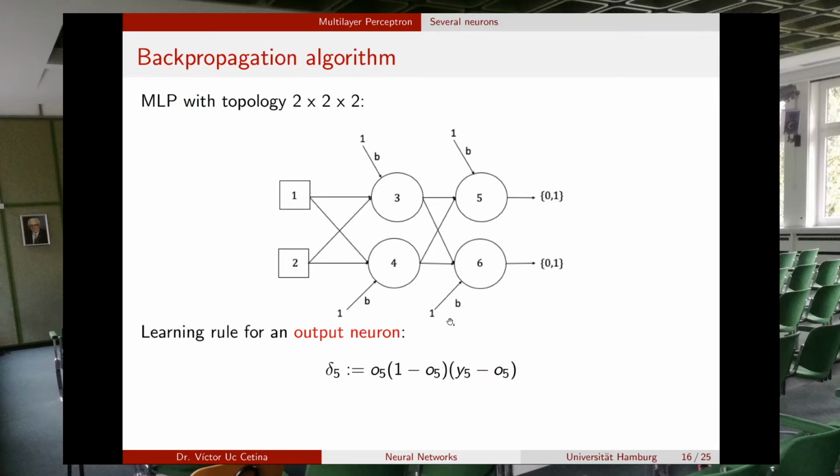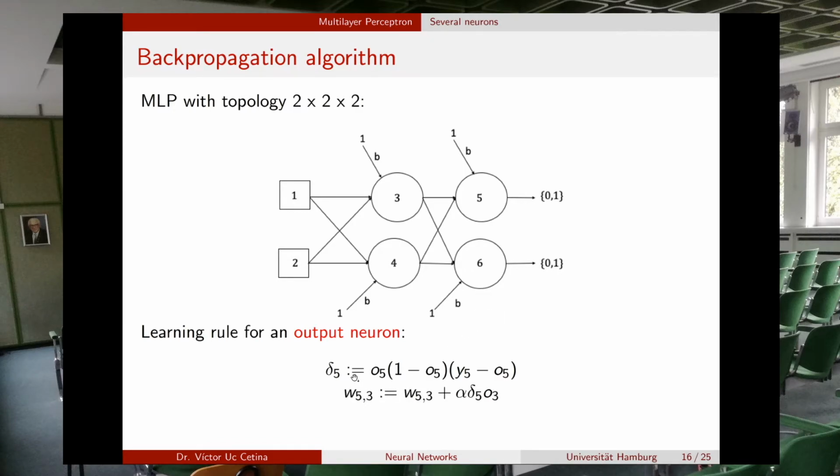But when we try to compute the delta of, for example, this hidden neuron 3, nobody is going to tell you what number should go out of neuron 3. So the deltas will be computed differently there. But at this moment, just consider that this way to compute the delta of output neurons is the same for any output neuron.